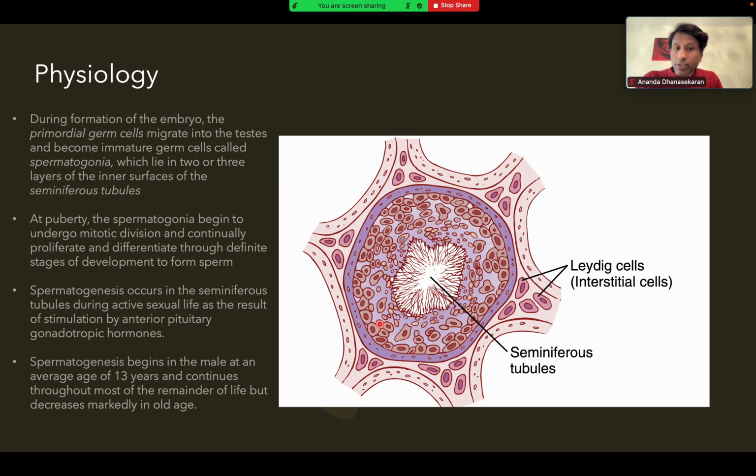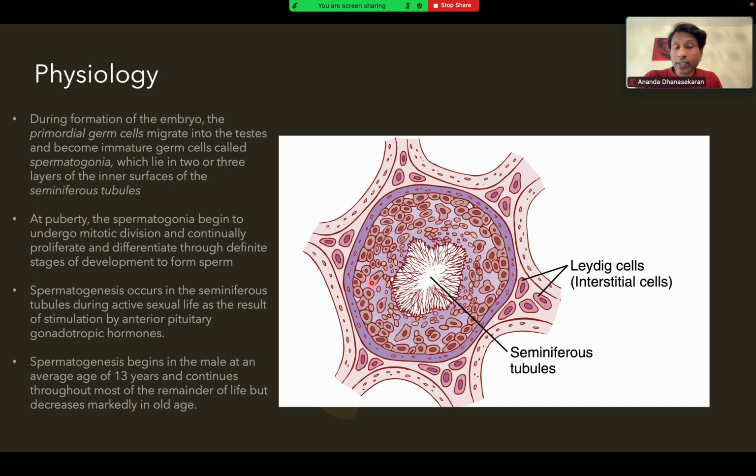So these spermatogonia are present here. Spermatogonia are formed from the primordial germ cells. As you can see, they form one or two layers of cells on the surface of the seminiferous tubule. This is one seminiferous tubule. At puberty, say 13 years for a boy, the spermatogonia begin to undergo mitotic divisions.